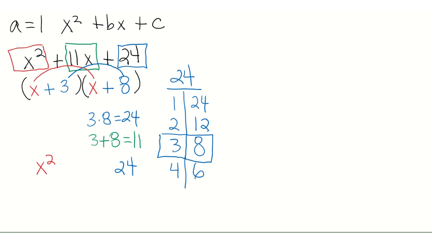Now I'm going to check my middle numbers. I've got the outside, x times 8 is 8x, and my inner terms, 3 times x is 3x. Then when I add my 8x plus 3x, that's going to give me 11x.